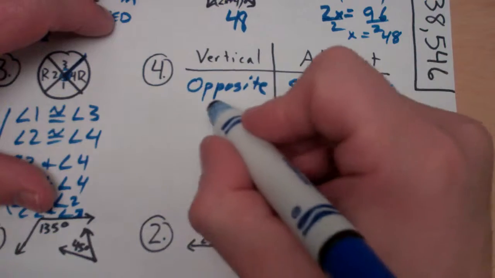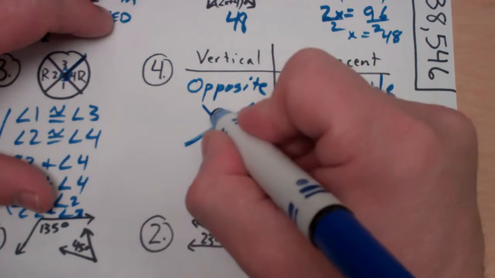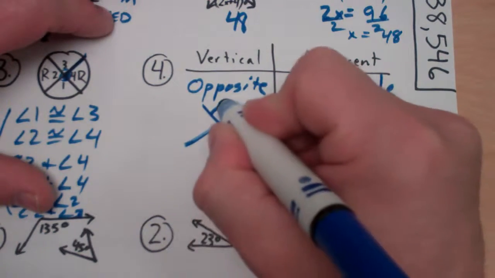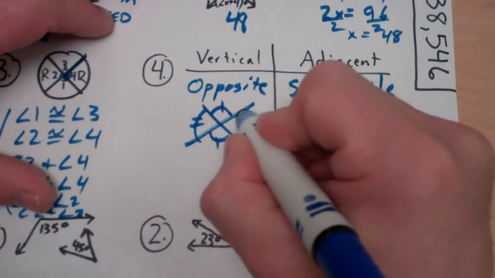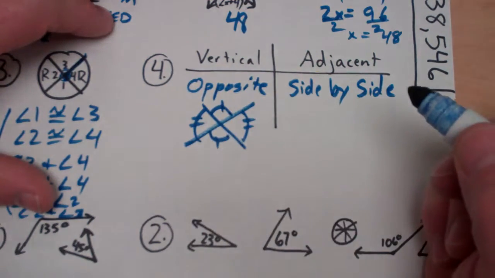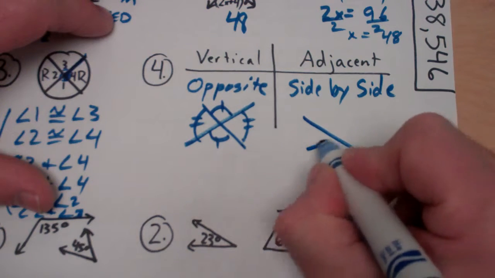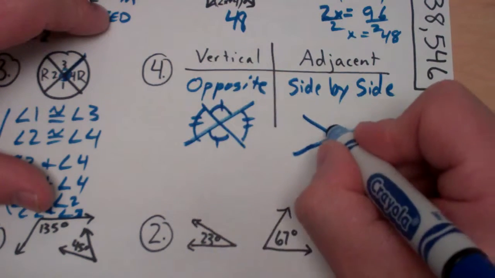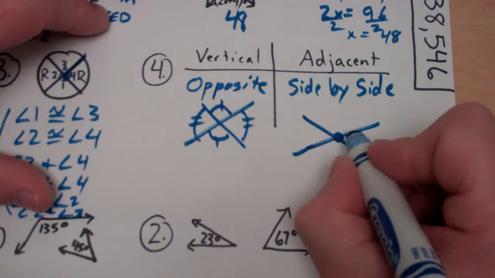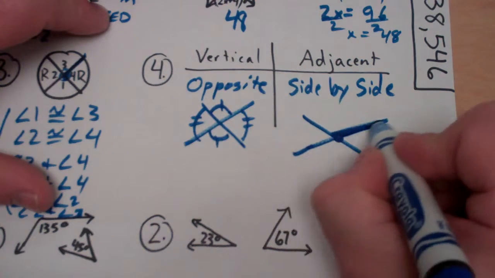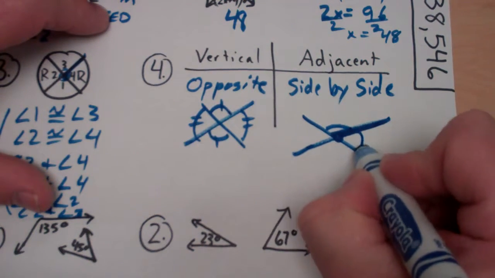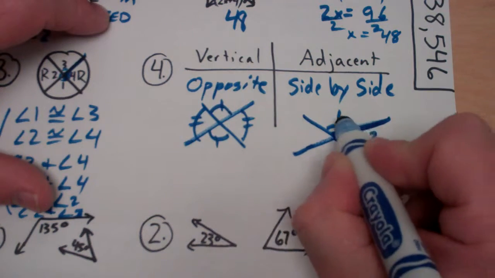To draw a picture of that, vertical angles, when two things meet, are opposite each other, like this one and this one. They're congruent. These two are congruent because they're also vertical angles. In that same picture, however, adjacent means they share the same vertex and a common side. Angle 1 and 2 are sharing that same side.